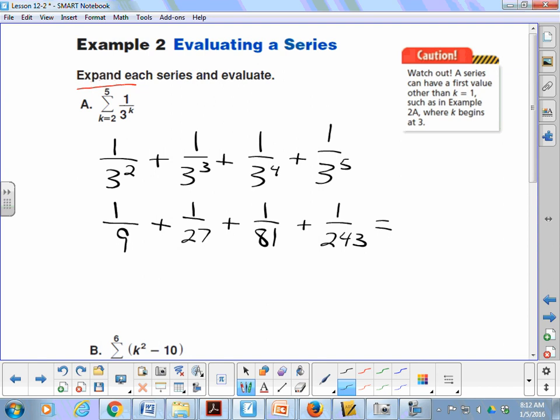So what do those fractions all add up to? I think it's 40 over 243, but you might have to correct me if I'm wrong. It's been a while. This is actually very easy, and I'll tell you why. To get from 9 to 243, I just need to multiply by 81.